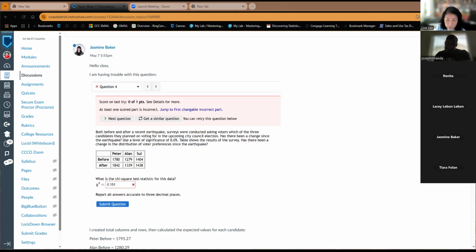So I should round up to 0.164. This should be the right answer for this data you have here. Can you change your answer 0.151 now?